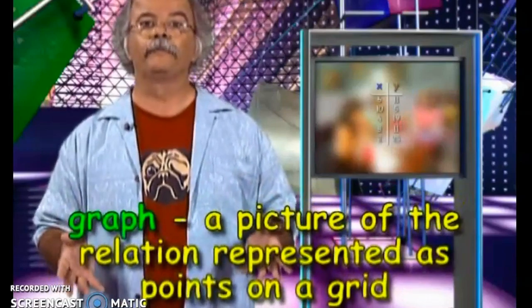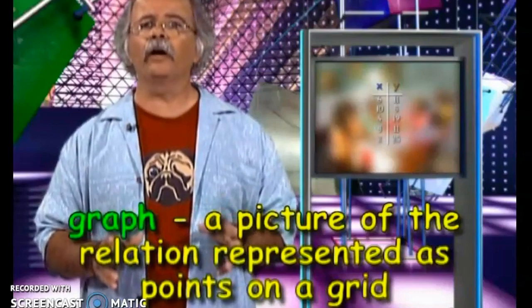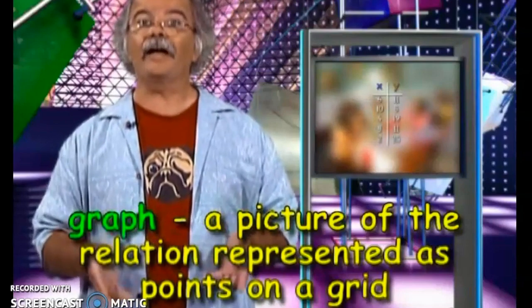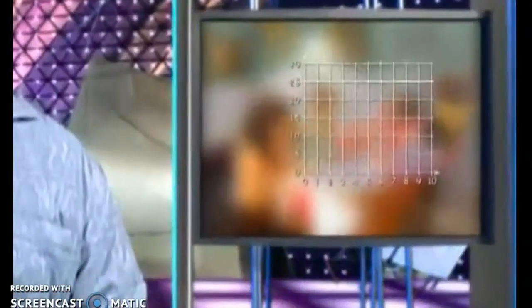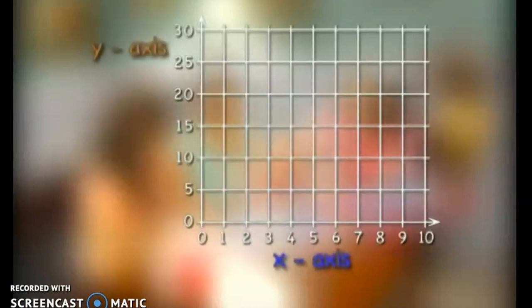a graph. A graph is a picture of the relation where each ordered pair is represented by a point plotted along 2 axes. The horizontal axis is the x-axis, and the vertical axis is the y-axis. The axes meet at the origin.